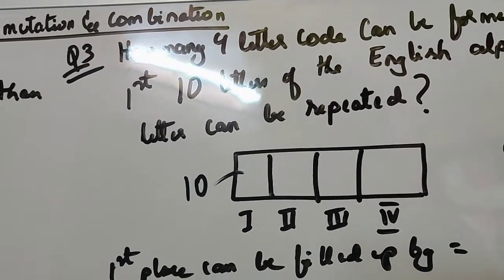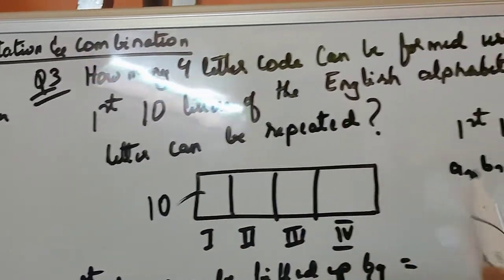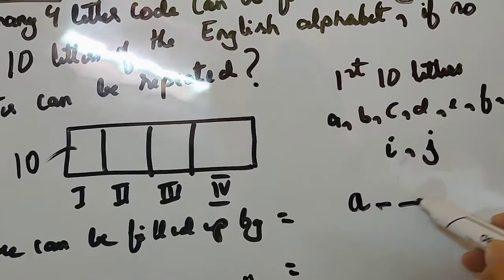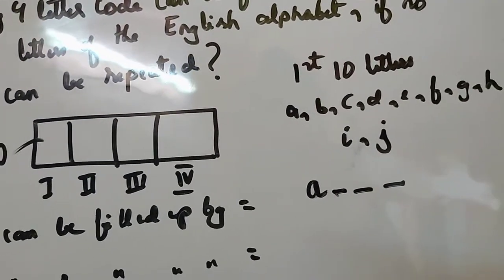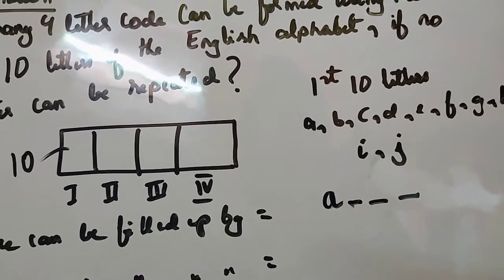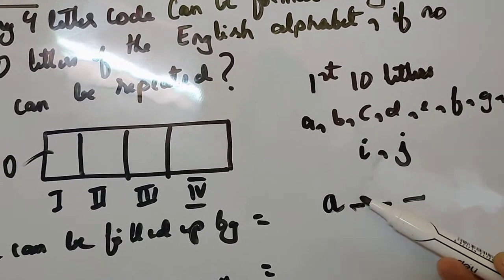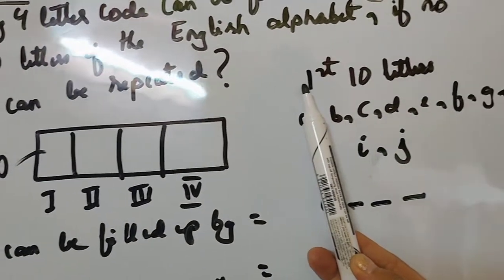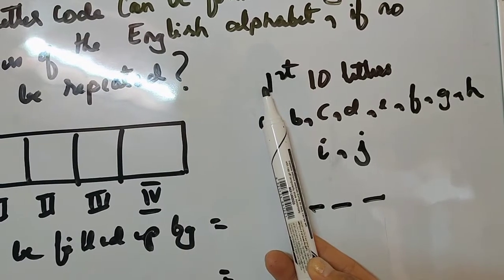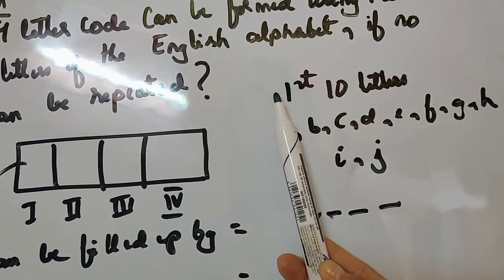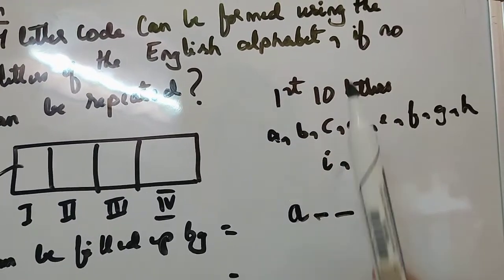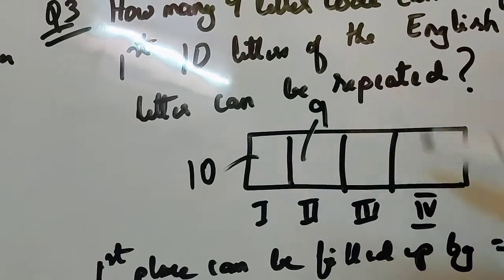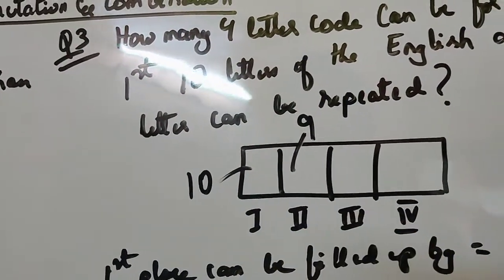Now suppose in the first place I have taken A. Now if I have taken A and letters cannot be repeated, in the second place I cannot use A, so I will be left with B, C, D, E, F, G, H, I, J. I'm just giving you an example. That means I will be left with 9 letters only, once I use 1 letter here.